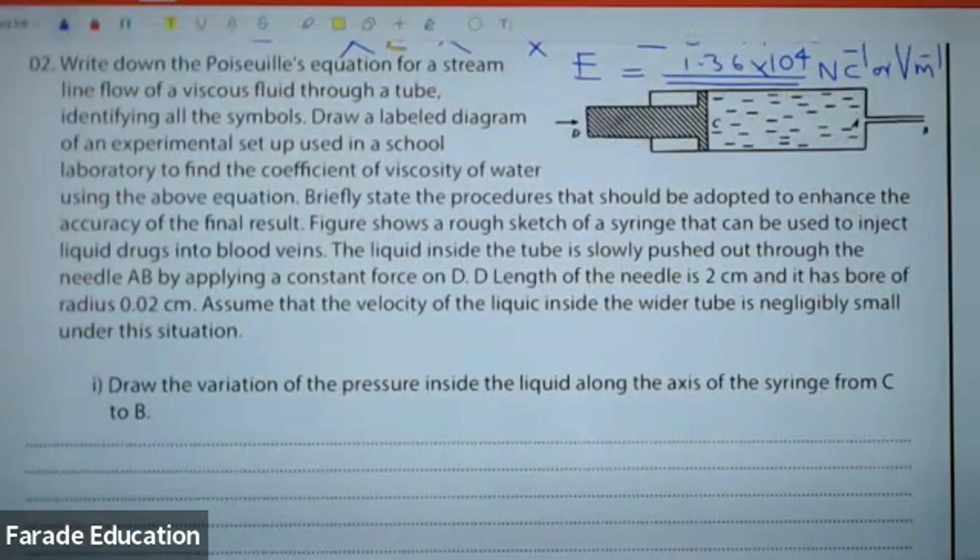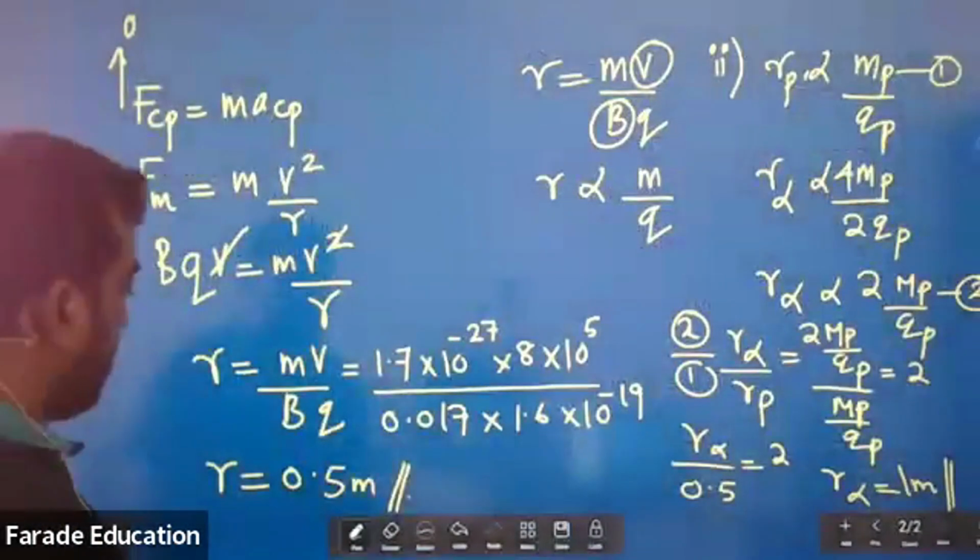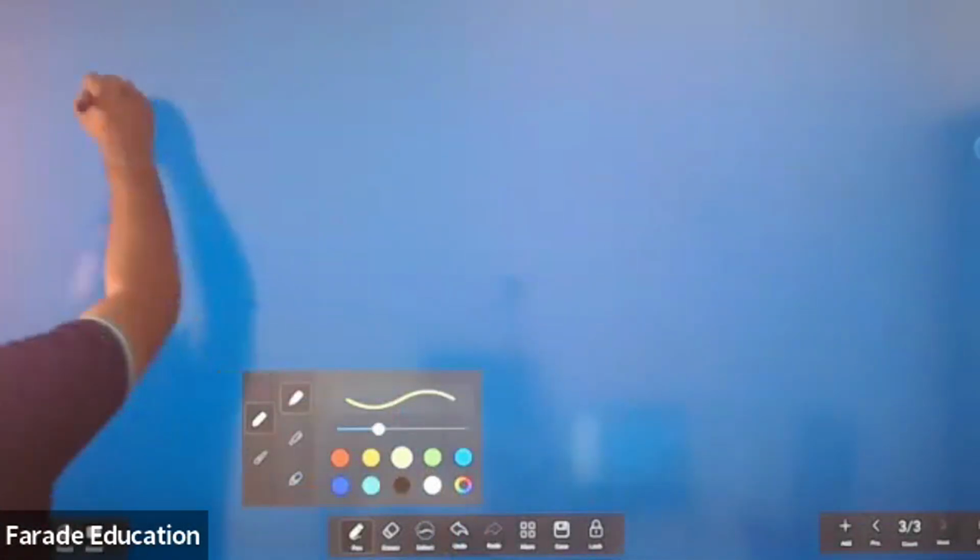Write down Poiseuille's equation for streamline flow. Look at this carefully. So question number 2, Poiseuille's equation. Volume flow rate, I'll name the symbol Q dot.